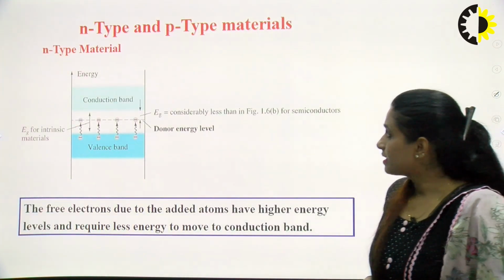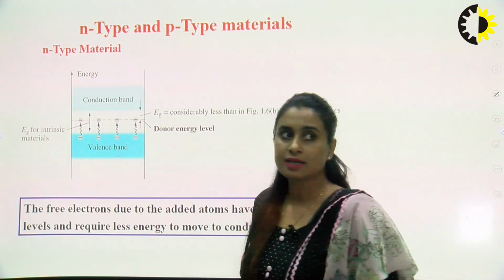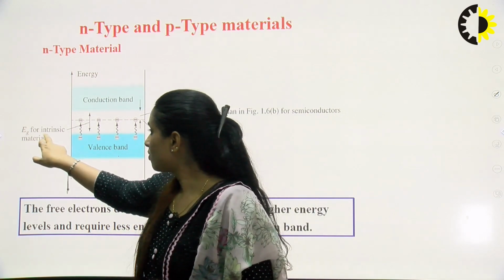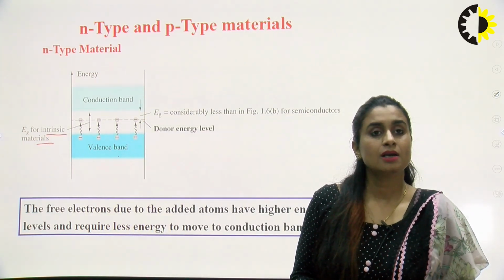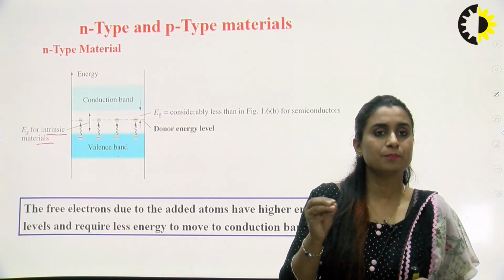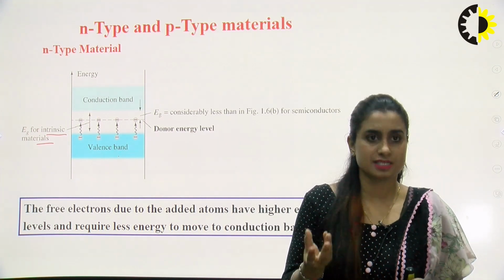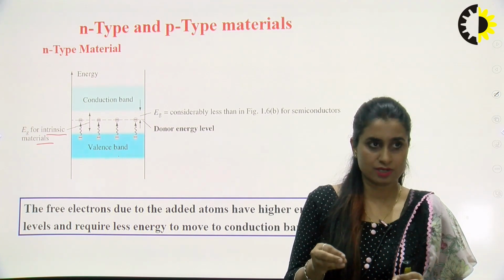In n-type material, what happens? Here is the valence band, here is the conduction band. Now, here I have used the term intrinsic material. What is intrinsic material? The pure semiconductor material, pure silicon, is intrinsic. When we add impurity to it, it becomes extrinsic, right? And doping is the process of adding impurities.